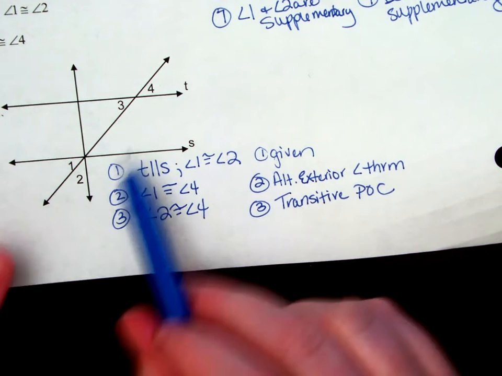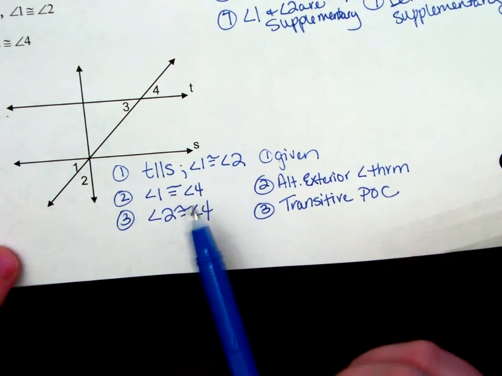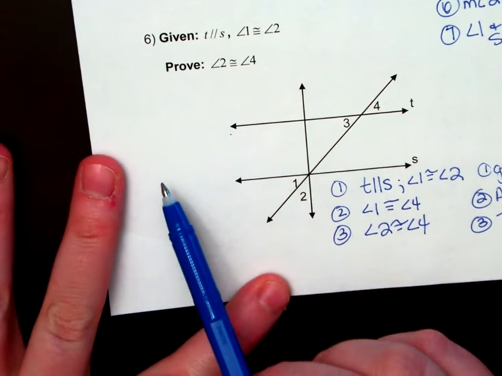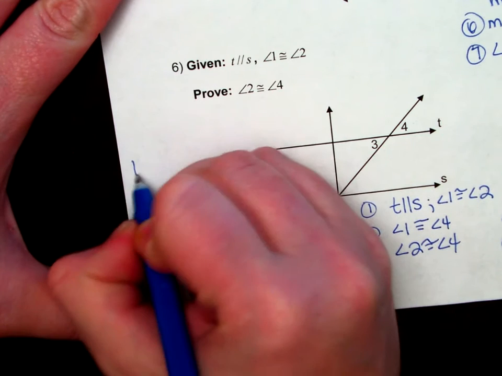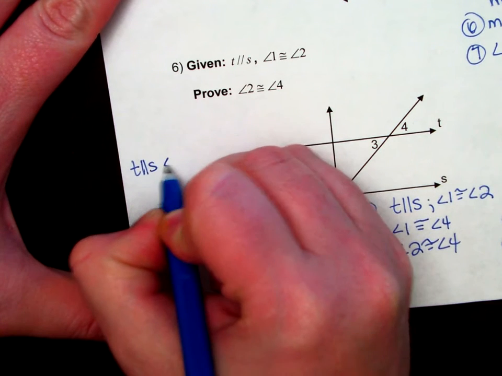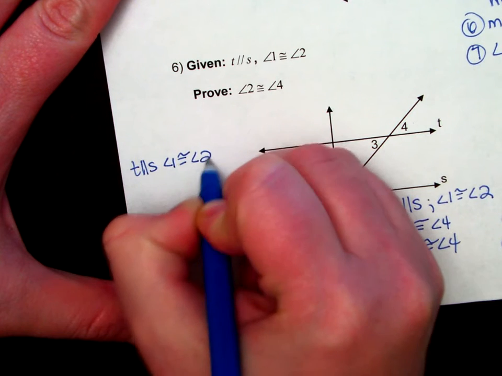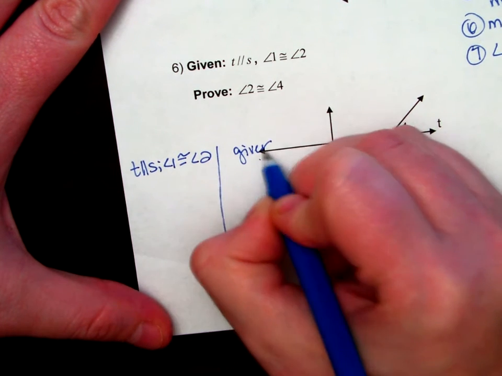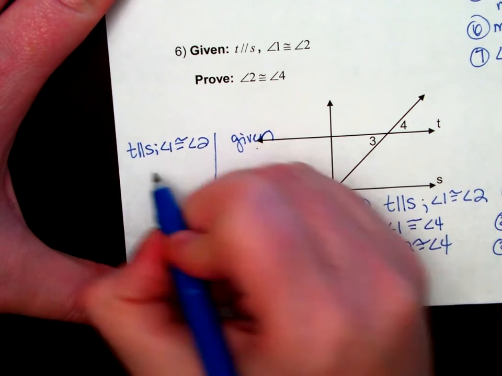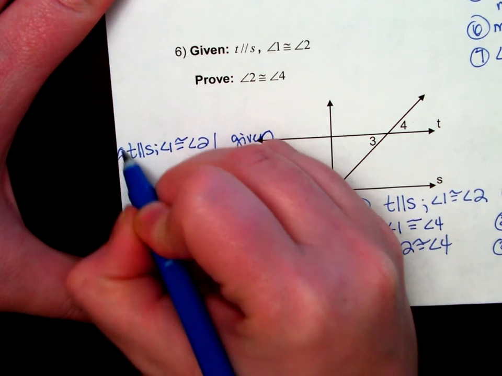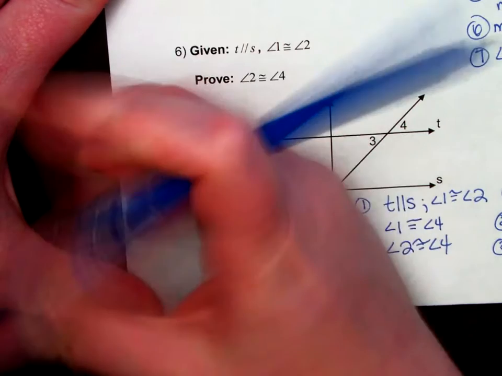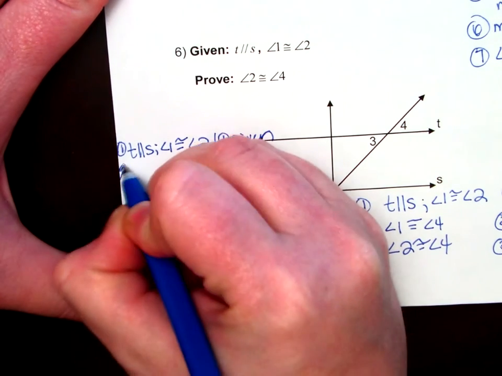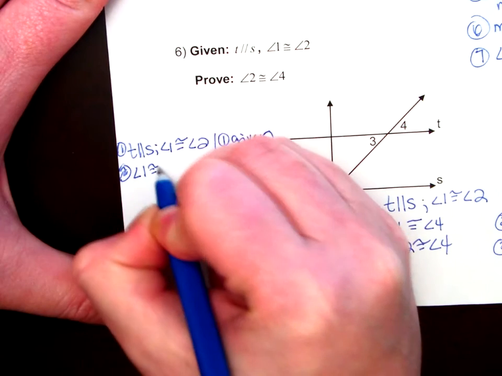Another way you can do it is with vertical angles. So here, instead of doing angle 1 is congruent to angle 4, I'm going to do the proof over here off to the side. Same thing. T is parallel to S. Angle 1 is congruent to angle 2. That's given. Oh, that's a really bad step 1. Hold on, try that again. Step number 1. Step number 2, angle 1 is congruent to angle 3.